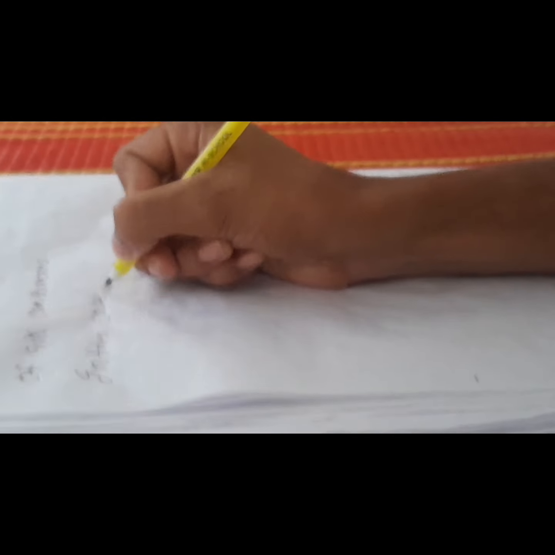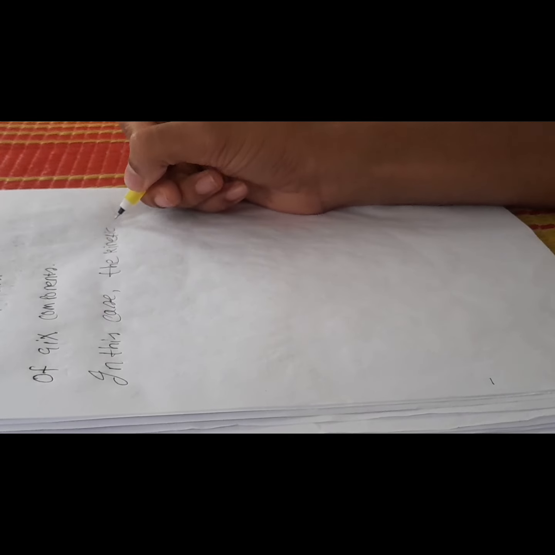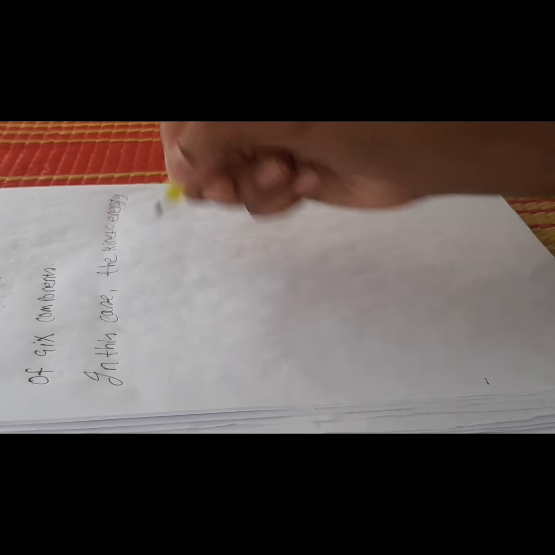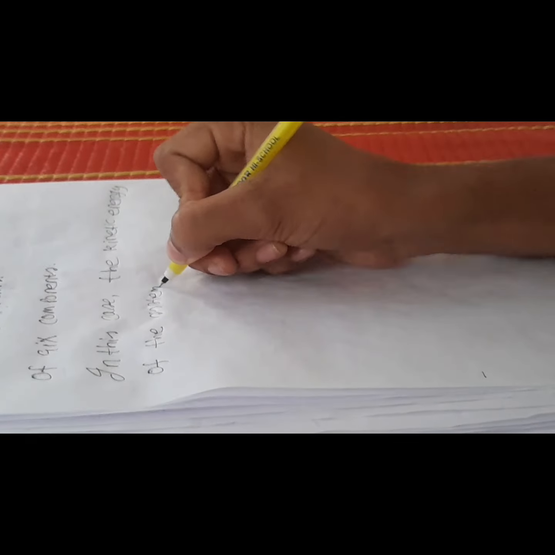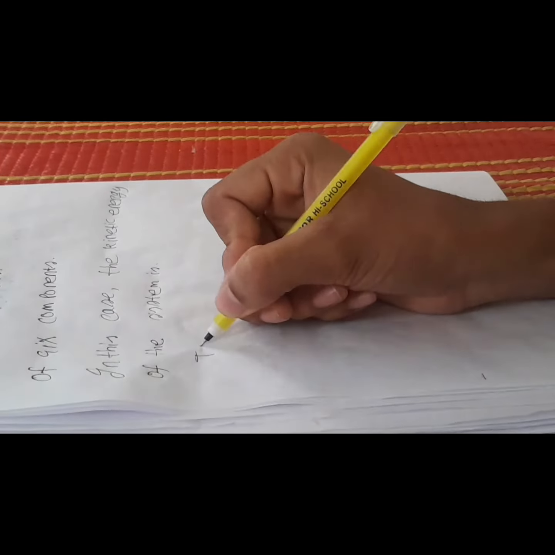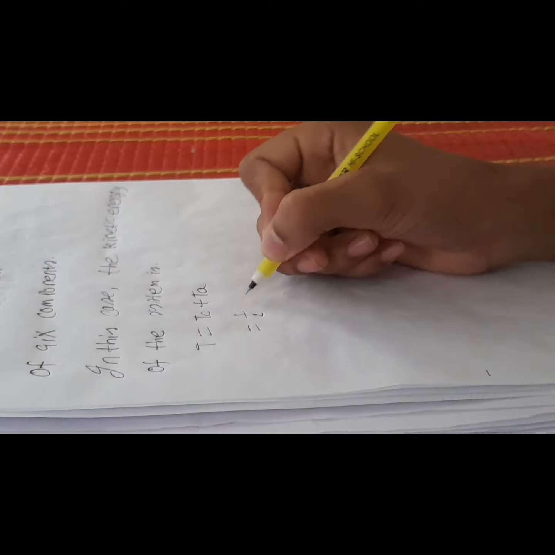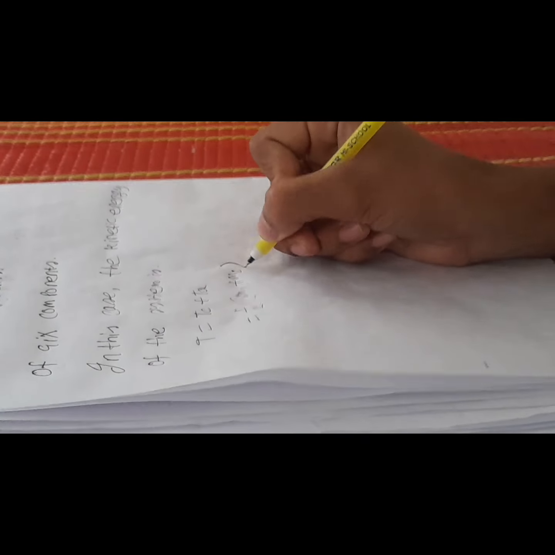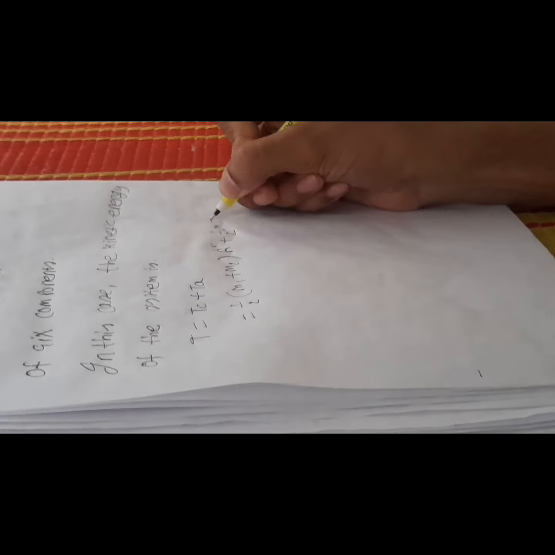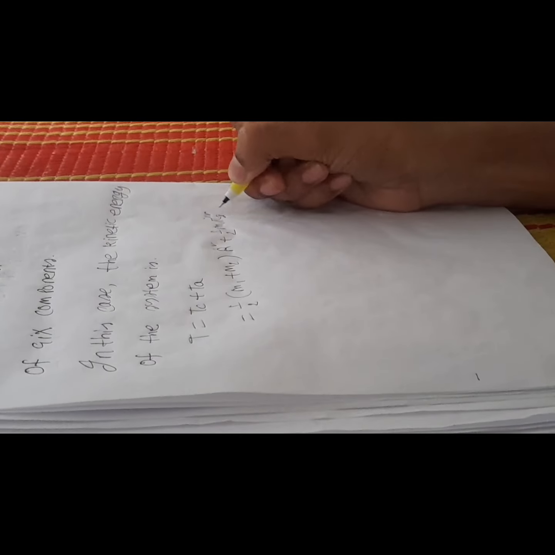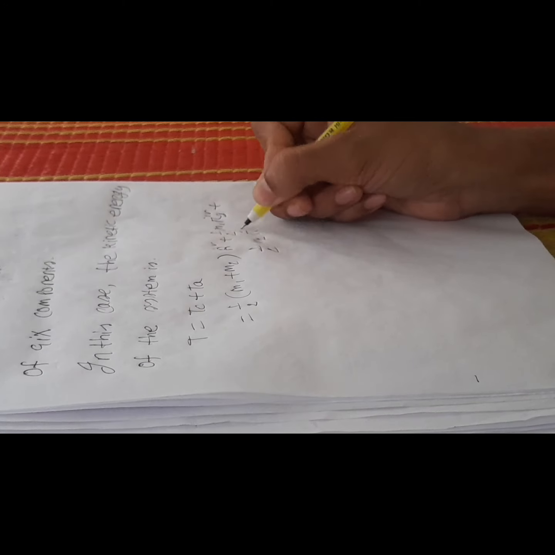In this case, the kinetic energy of the system is T equal Tc plus T', equal 1 by 2 (m1 plus m2) R dot square plus 1 by 2 m1 r dot 1 square plus 1 by 2 m2 r dot 2 square.